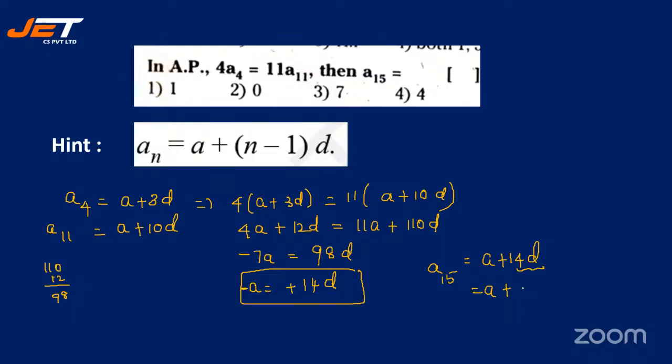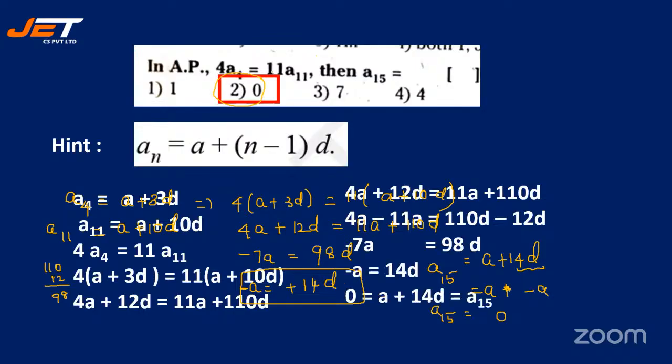So 14D is nothing but minus A. So A minus A is 0. So A15 is 0. So your answer must be option 2. If you had opted for option 2, then your answer is correct. Hope you have understood. So this is being solved in a very simple way. Yeah, answer is right.